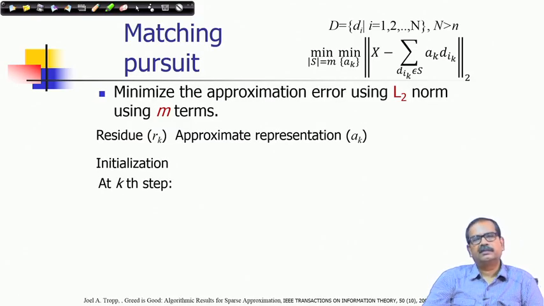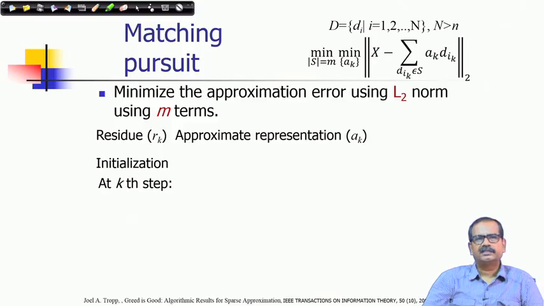Before describing the orthogonal matching pursuit algorithm, let me describe a similar algorithm which was suggested before it. It is the simple matching pursuit algorithm. The idea is that at every step you look only at those elements of the dictionary where you get the maximum residual component, and use that element itself to represent the vector.